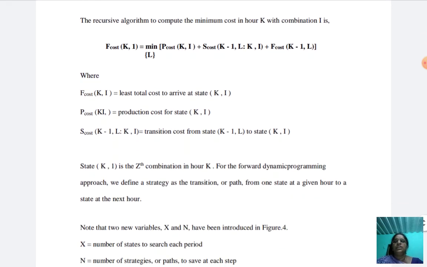Then the formula is the recursive algorithm to compute minimum cost.